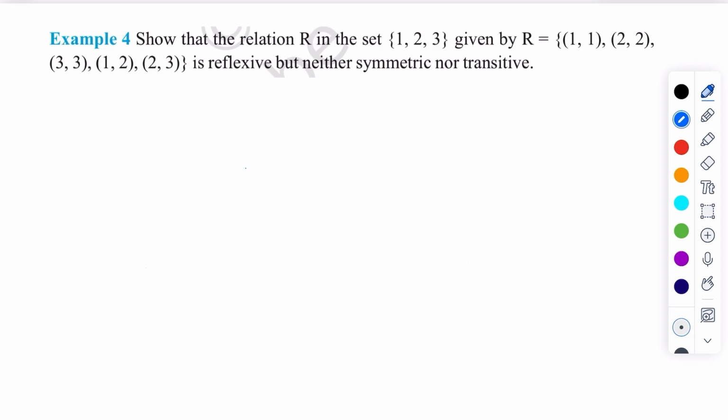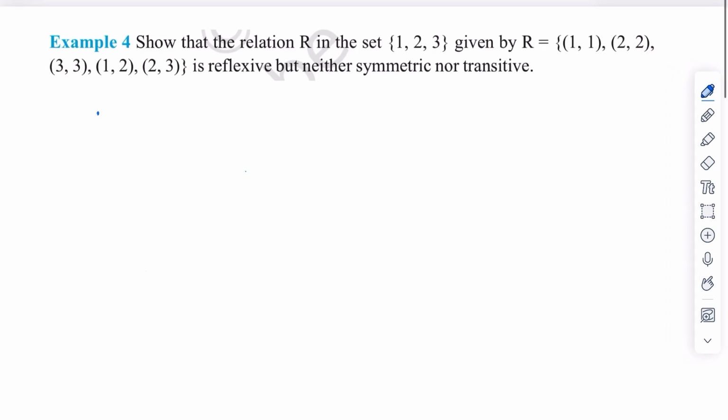Okay, so before understanding relation, we should have a good knowledge of what is Cartesian product. So let us consider a set A, and this set A is given by, for example, {1, 2, 3}. Then what will be the Cartesian product?